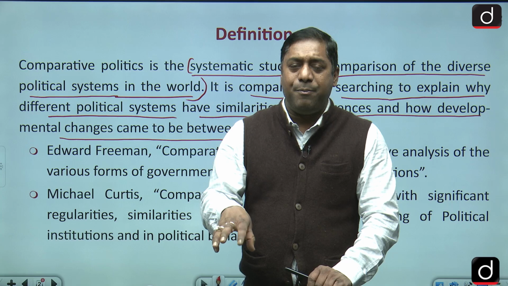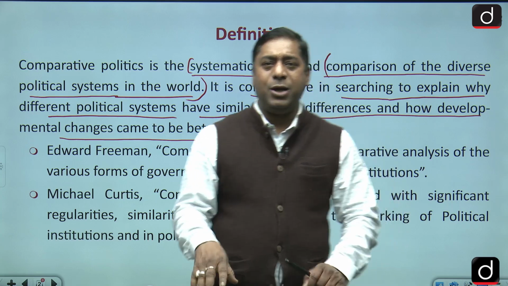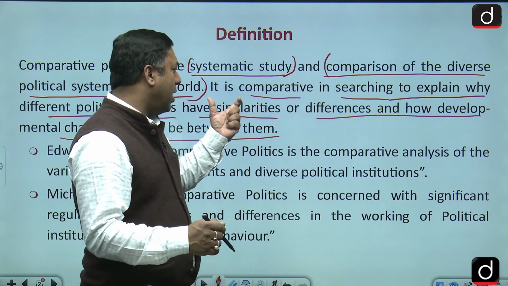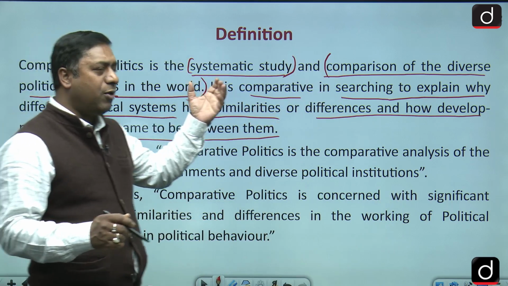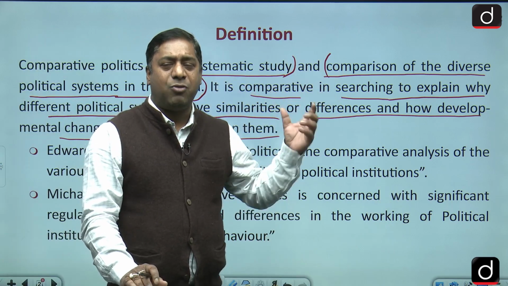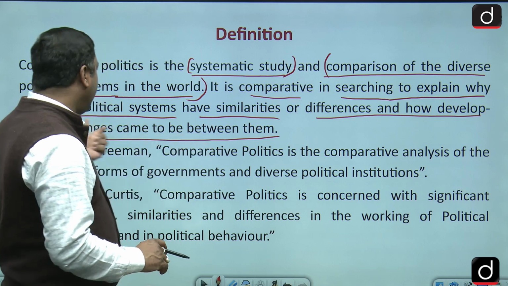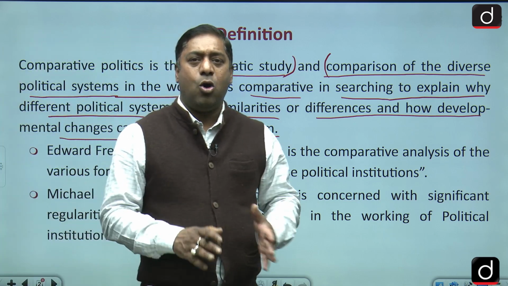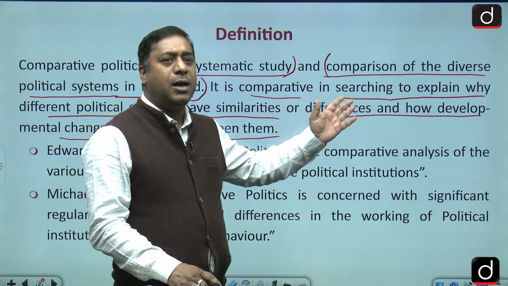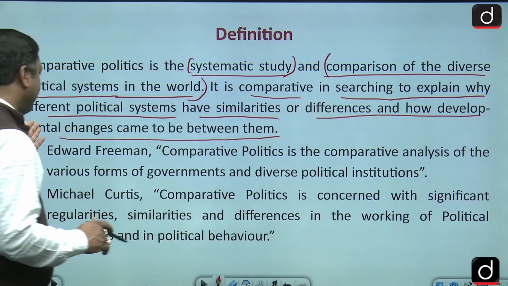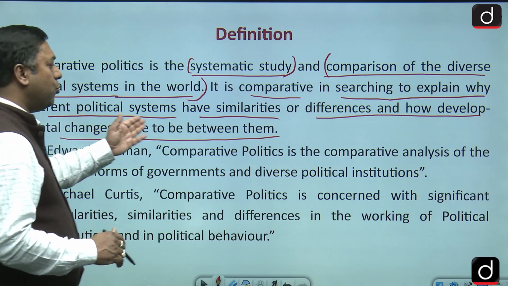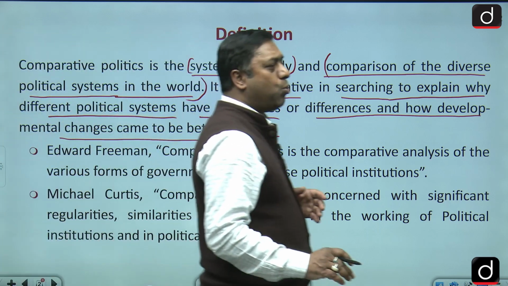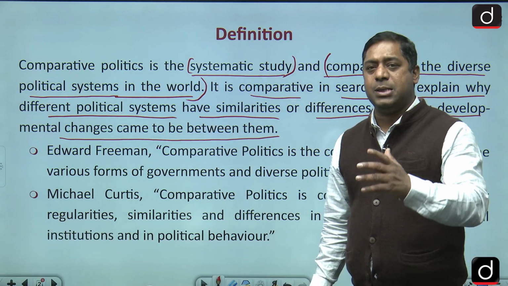And in comparative study, we try to search and try to explain why different political systems have similarities or differences and how developmental changes came to be between them. So this is what comparative politics is in simple terms.